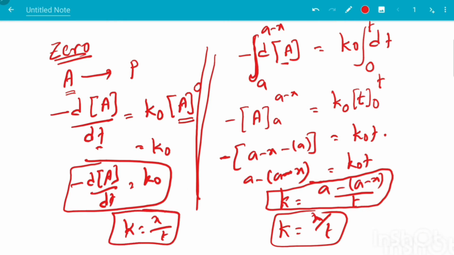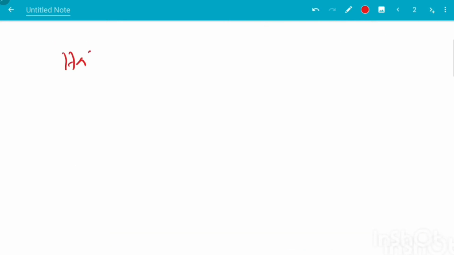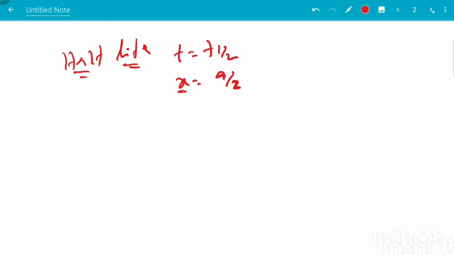And then half-life. Half-life of zero order means the time taken for half of the reaction to complete. It is represented by t equals t half and x equals a by 2, where a is the initial concentration of the reactants and x is the concentration of products after some time.